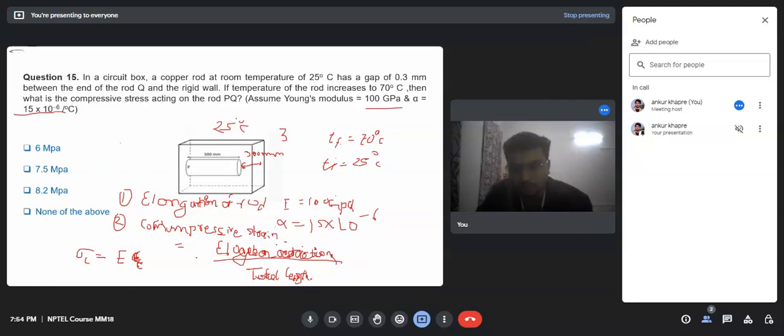That's how we can calculate the sigma c value, the compressive stress value. I'm having some doubt here, so I'll clarify in the next session this alpha value and how to calculate these things.